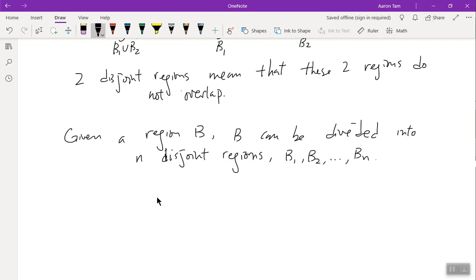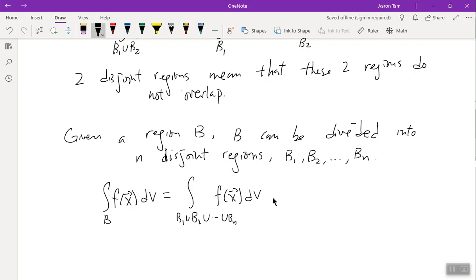Then what I can do is the following: I can claim that if I take the integral over B of some function f of vector x dV, I can say that, technically speaking, this is the integral over B sub 1 union B sub 2 union ... union B sub n of f of vector x dV.